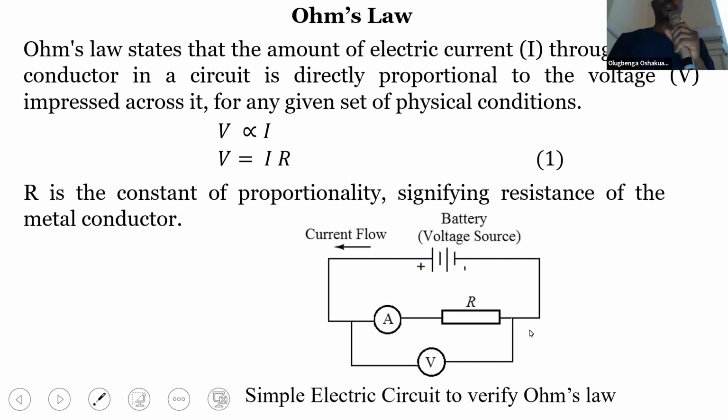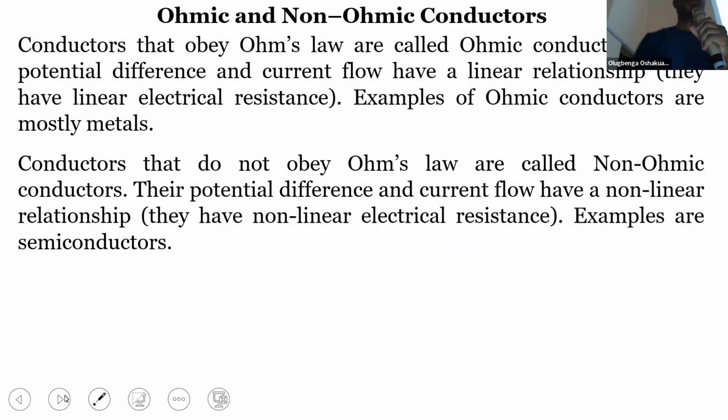So the voltmeter connected in this circuit, since it has very high resistance, will take just tiny, negligible currents out of the current supplied by the battery. Along the line, we'll see what that means.